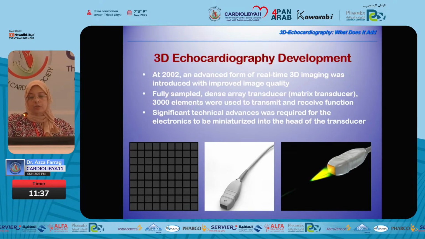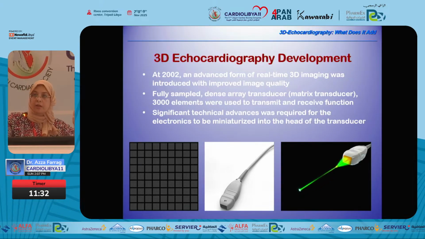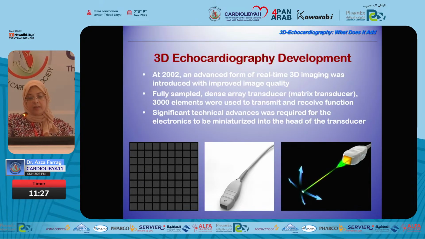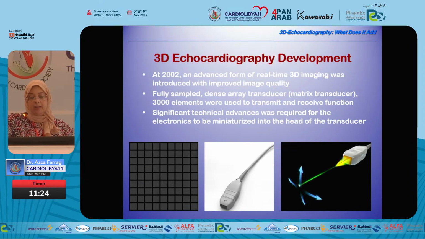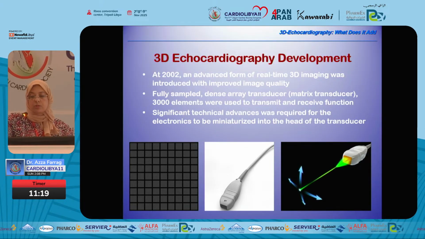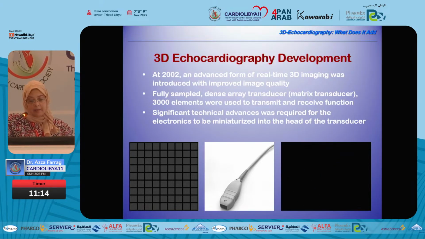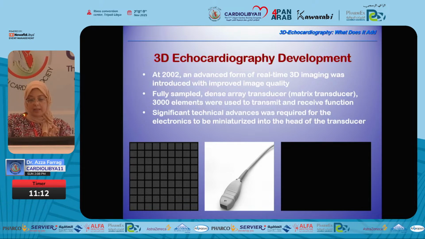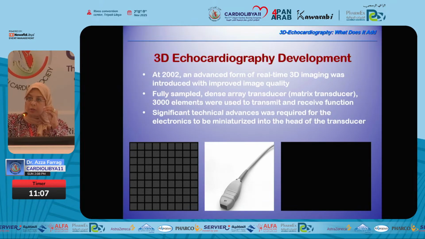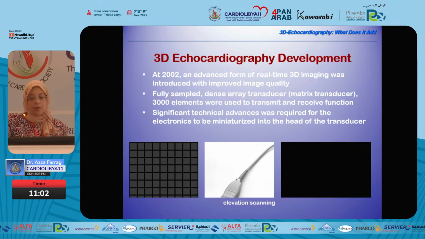So early in this century, an advanced form of real-time three-dimensional imaging appeared. The previous images were not real-time, just reconstructed images. The fully sampled dense array transducer, as I said, was the matrix transducer belonging to one of the pioneer vendors in echocardiography, and significant technical advances were required for the electronic piezoelectric crystals to be miniaturized into a small footprint of the transducer.